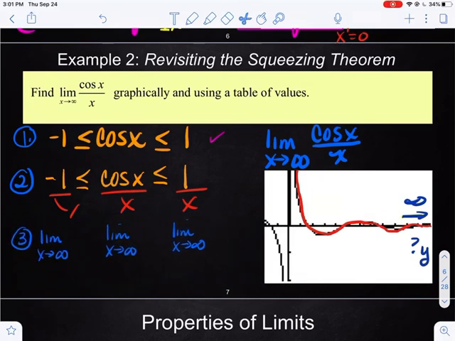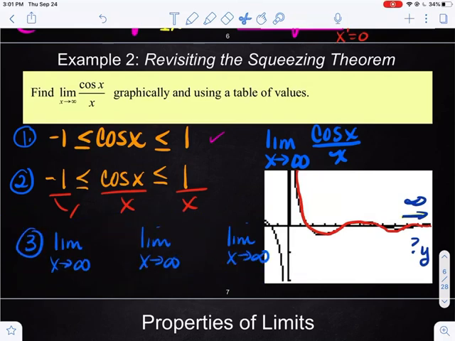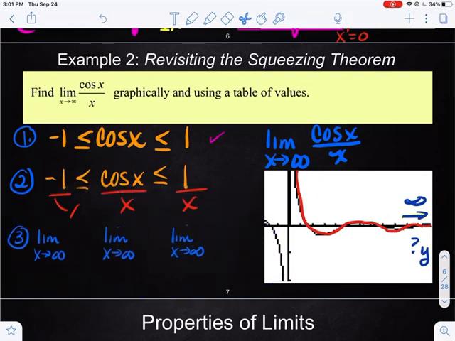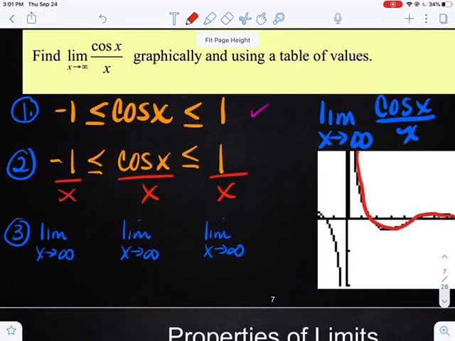Okay, I'm going to try it one more time here. Third time is a charm. Let's put that x back into place. Now I'm going to insert my functions.